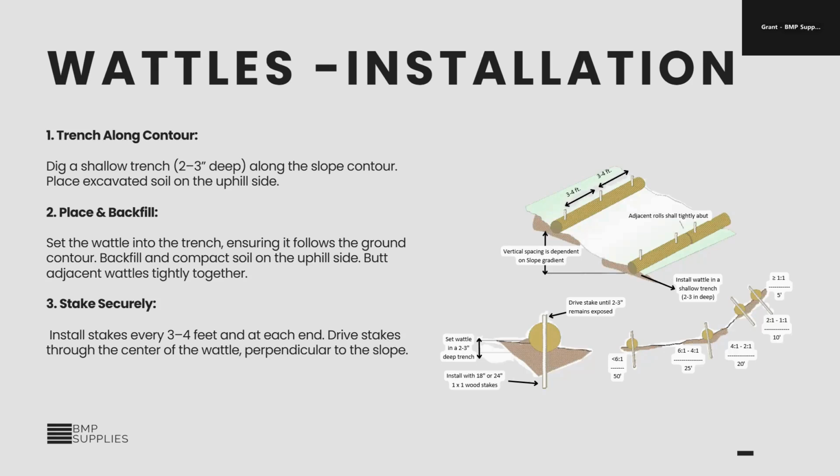And by slowing the energy down, you create the ability for the slope to maintain. If the water's getting too fast down your slope, that's when you can start to see sloughing and big erosion rills on the side of your slope. So you can use this as an erosion control method. And then lastly, like I said, you can use it as a perimeter control to filter out sediment.